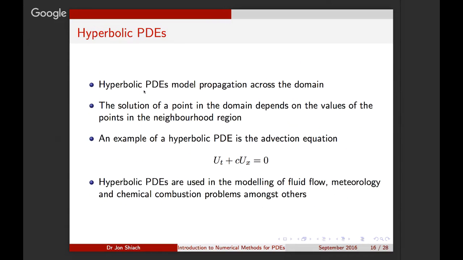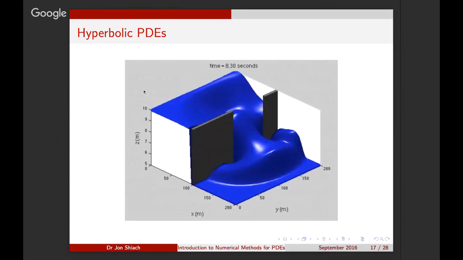A very, very simple example is what we call the advection equation. We'll be looking at methods to solve that. The advection equation does have an analytical solution. And there's an example. That's what we call a dam break. We've got a hyperbolic PDE modeling water.